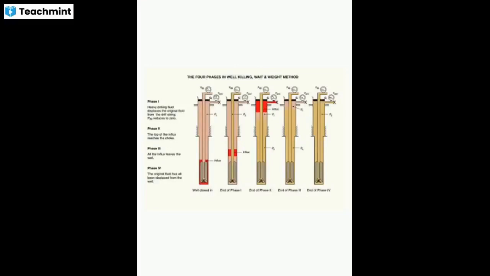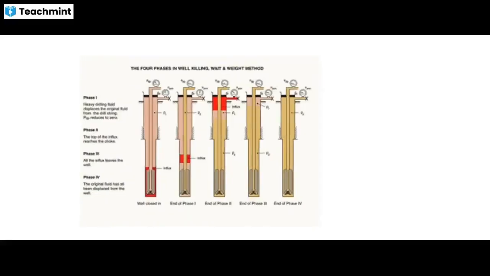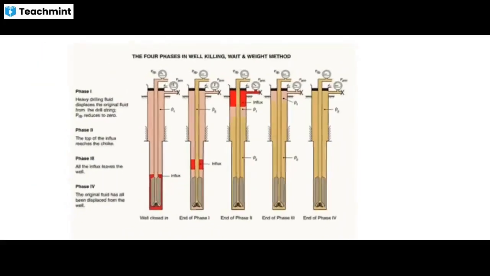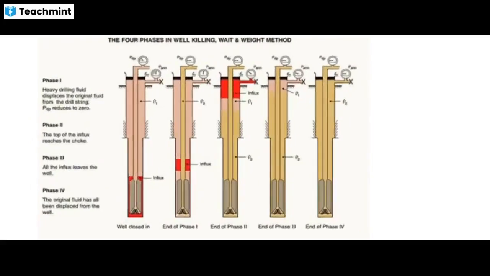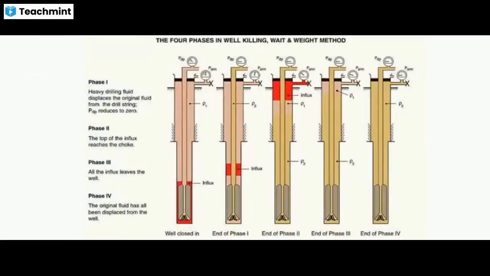So now let us see what are the four phases of the wait and weight method in well control or well engineering or well killing. You can see the well closed.